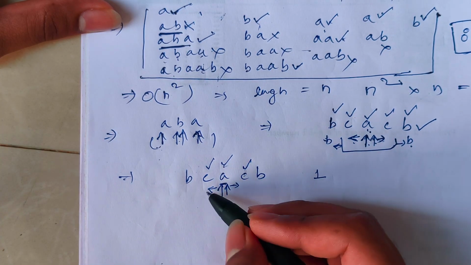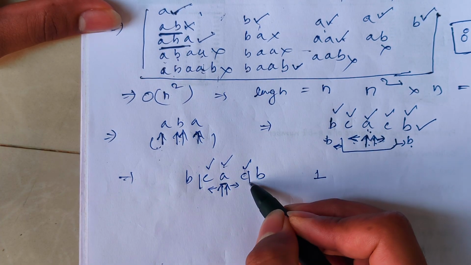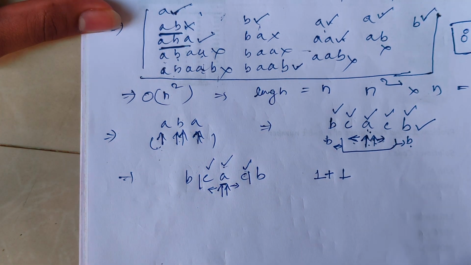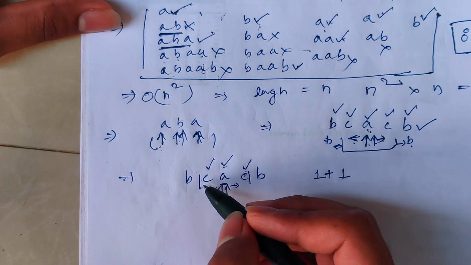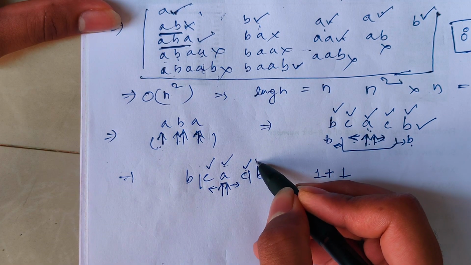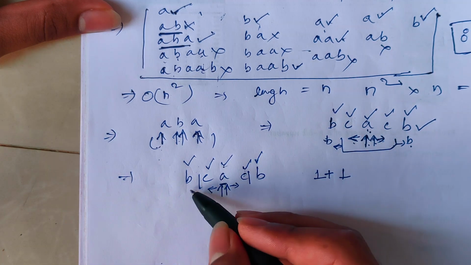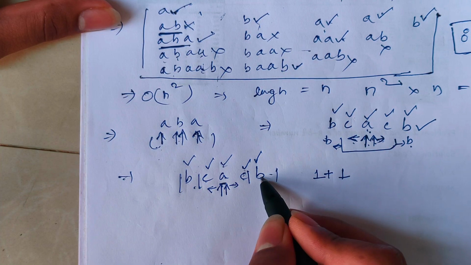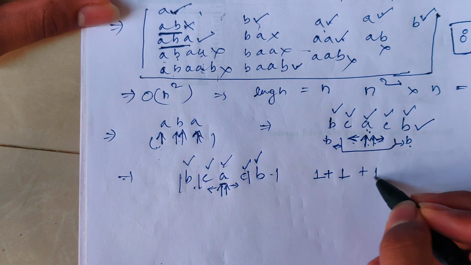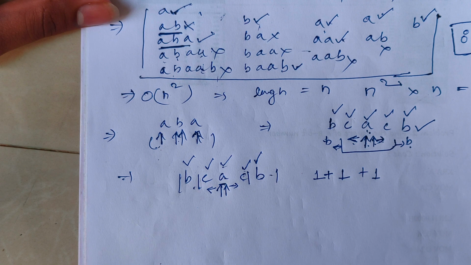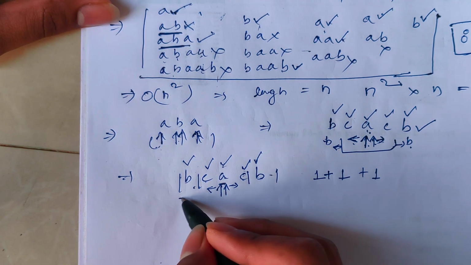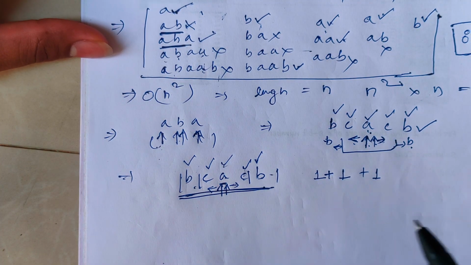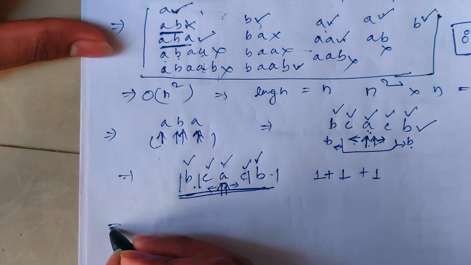C and C are equal, so we can say that CAC is also a palindrome, so we can count 1 substring also. And if we go aside again, we see that B and B are also equal, so we can say that BCACB is also a palindrome. So we can raise the count by 1, right? So with this approach, we are going to calculate the number of substrings which are palindrome.